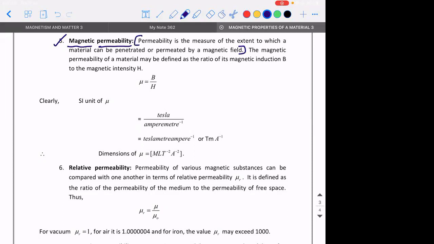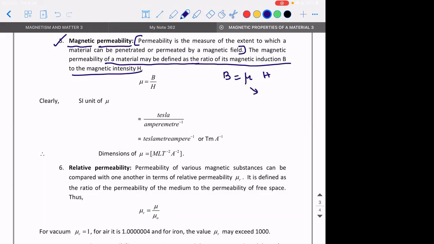Magnetic permeability of a material can also be defined as the ratio of its magnetic induction to the magnetic intensity. I told you already, B naught is equal to mu naught into H, right? So can I write B is equal to mu into H, where mu is the permeability of a given material.